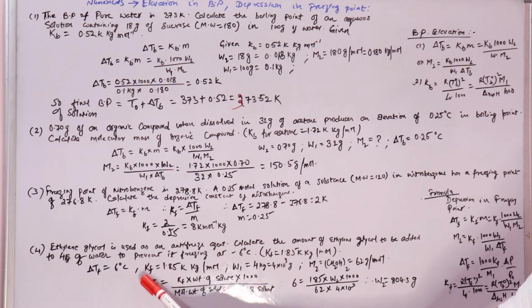So when we substitute all these values in this formula, where delta Tf is equal to this formula, from here we can calculate the value. Kf is 1.85, and W1 is given.